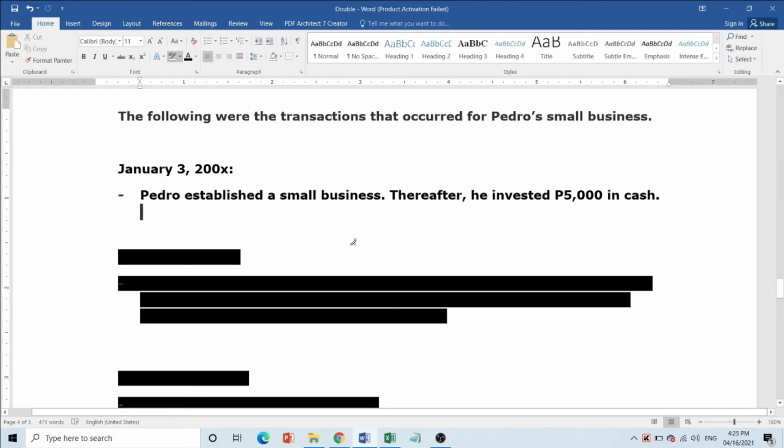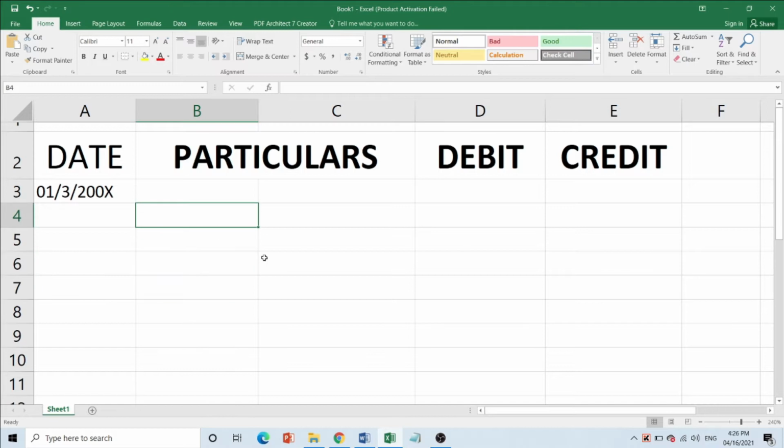So, since nag-invest po si Pedro ng 5,000, alalahanin po natin ang ating accounting equation, which is assets equals liabilities plus equity. So, yan yung accounting equation. So, yung accounting equation natin, dapat balanse po yan.